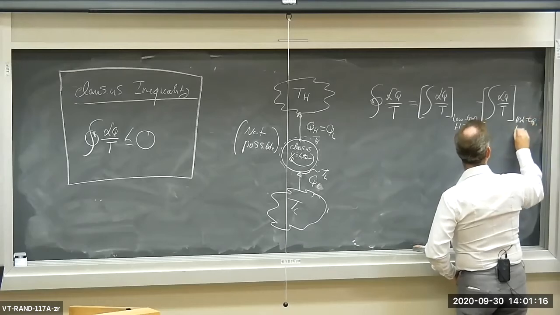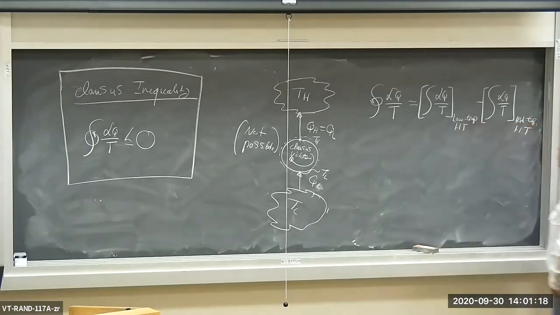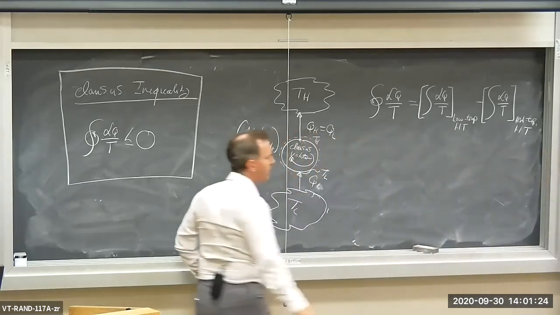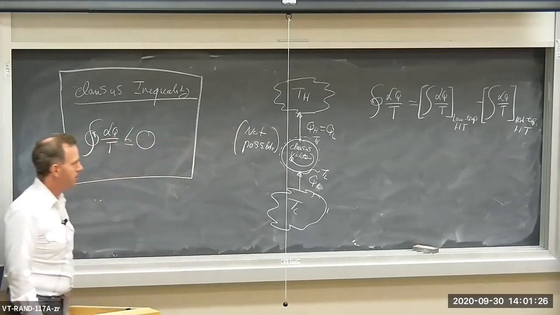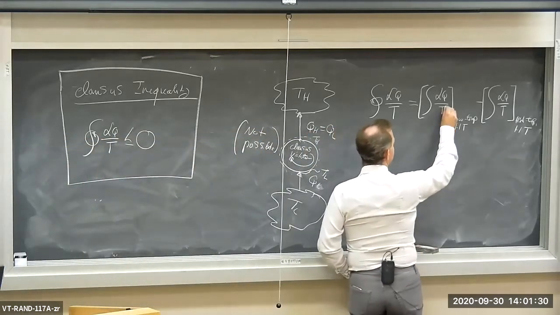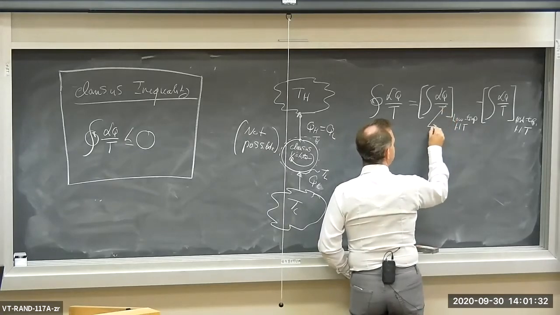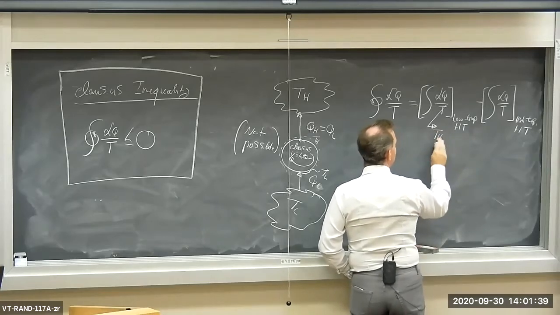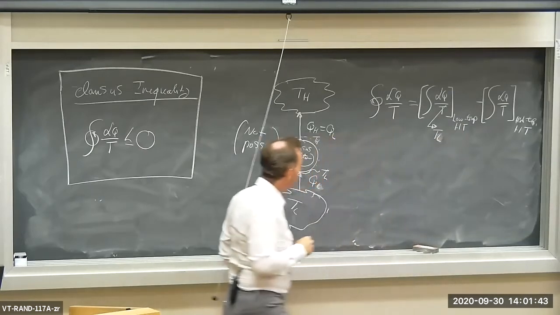I've broken up my cyclic integral and looked at each heat transfer separately in the cycle. The interaction temperature at my low temperature heat transfer point is a constant, T_L.